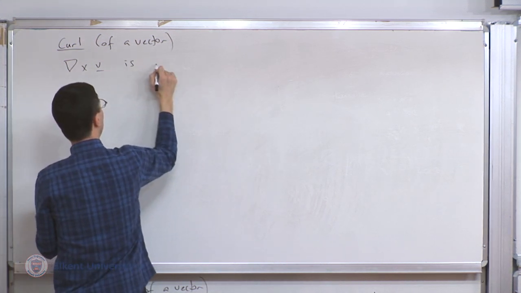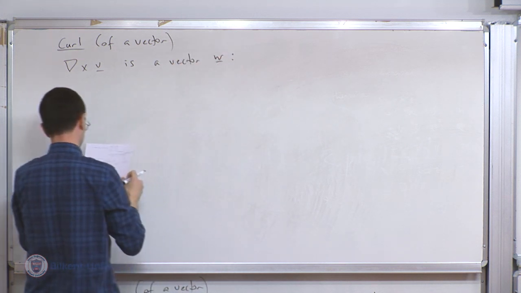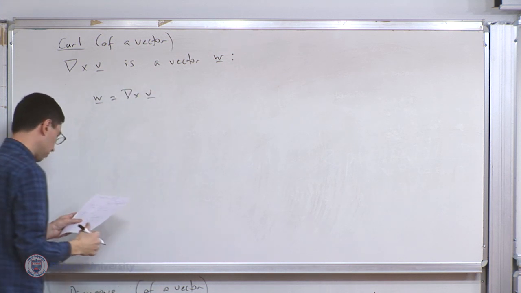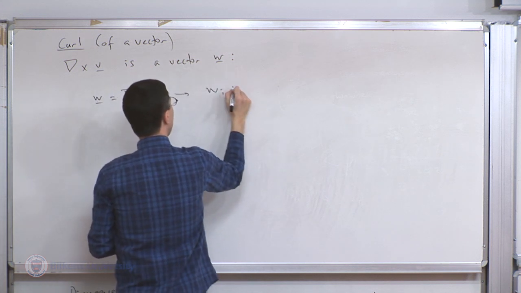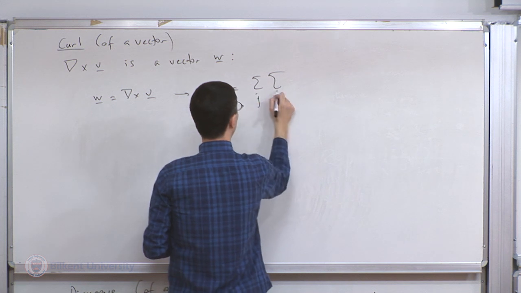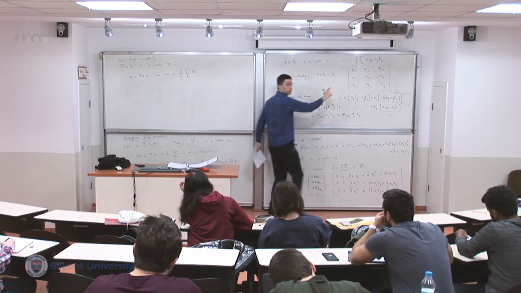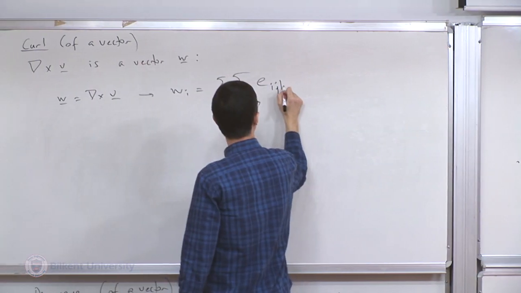So the curl of a vector is a vector. Let's call that vector W. So W is equal to curl of V. And W has a very similar expression to this. So I'm going to write EIJK.